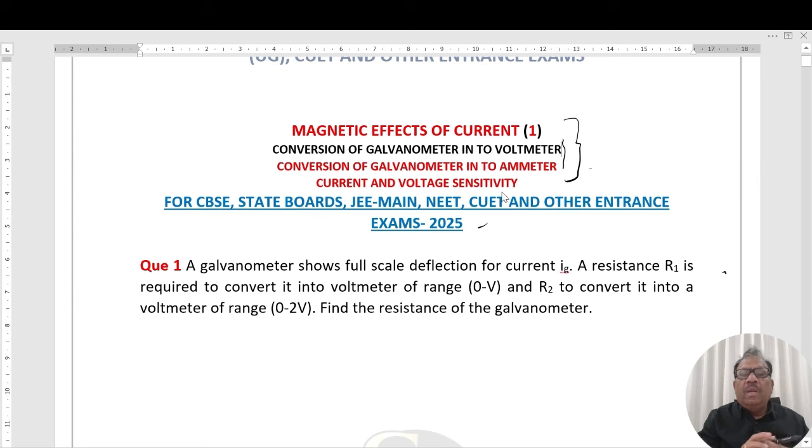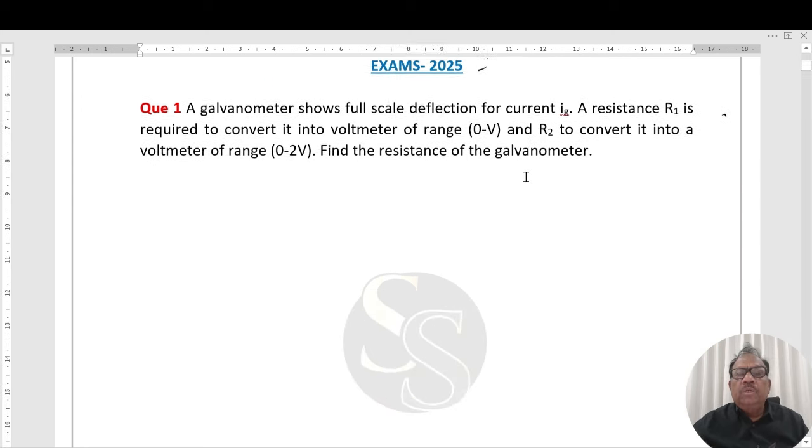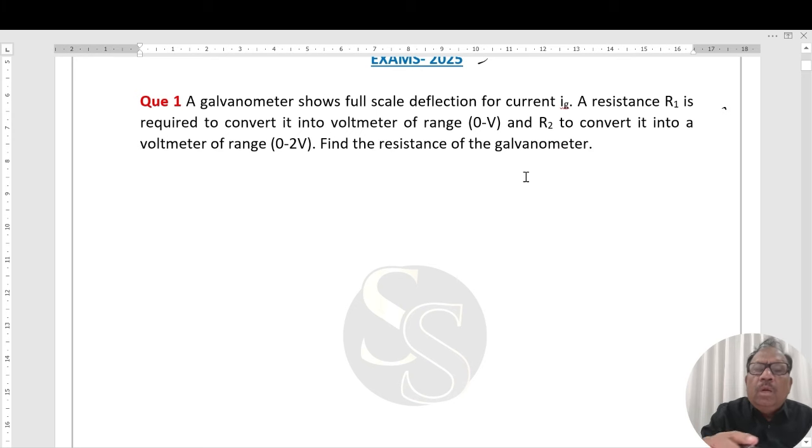Let's start. Question is, a galvanometer shows full scale deflection IG. Resistance R1 is required to convert it into a voltmeter of range 0 to V, and resistance R2 to convert it to a voltmeter of range 2V. Find the resistance of the galvanometer.